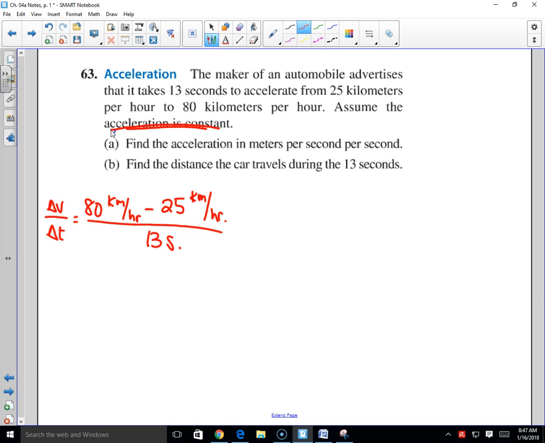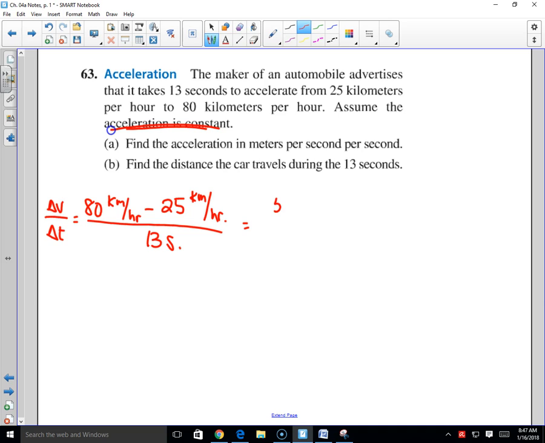Oh, you don't have the same unit. I'm going to have kilometers per hour per second, right? So I could go ahead and solve for this. That wouldn't be totally bad, because 80 minus 25 would be 55, and 55 divided by 13 would end up being 4 point something gross.